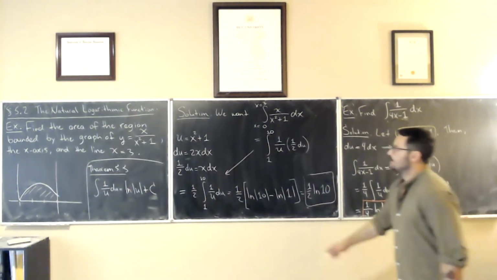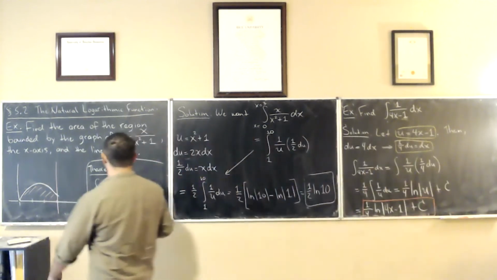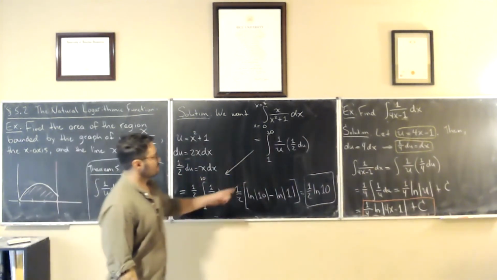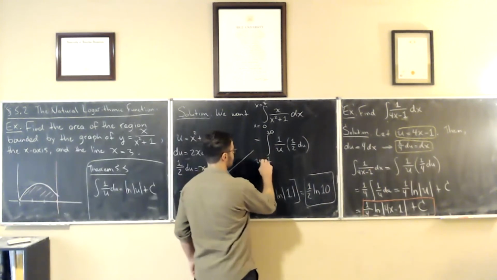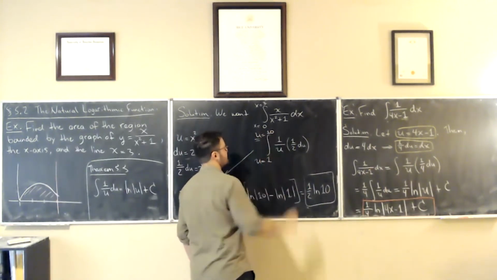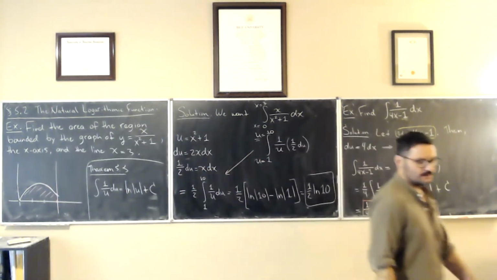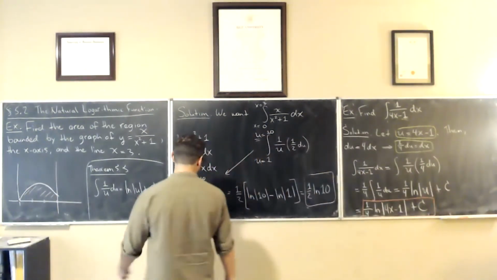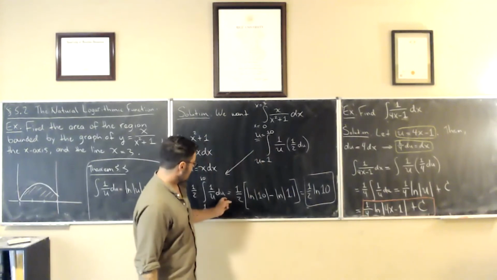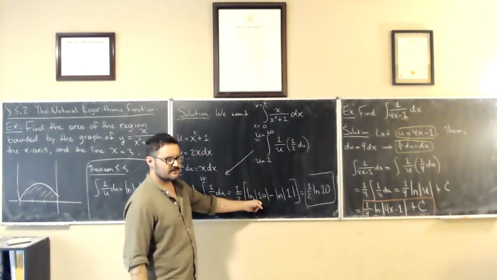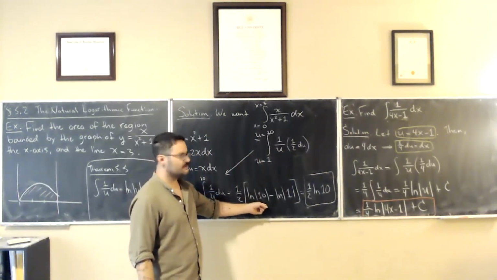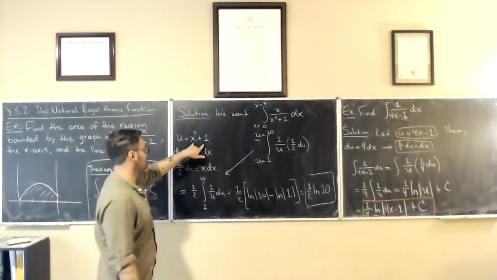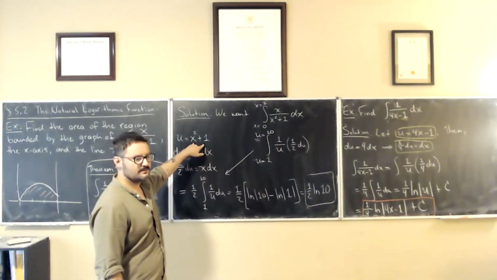Now, this was one way of dealing with these limits of integration, by switching from x to u's. Another way would be, when you get to this step here, you would have natural log absolute value of u. You would go ahead and substitute back in your x's.